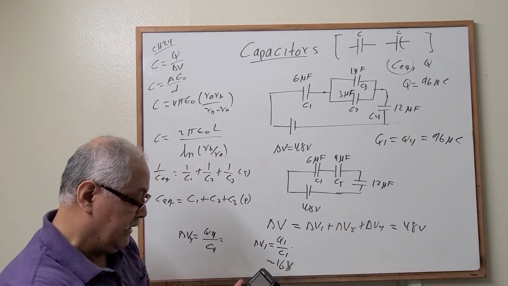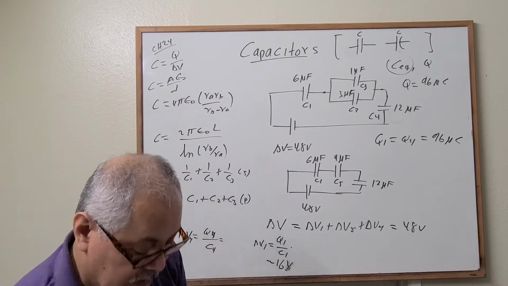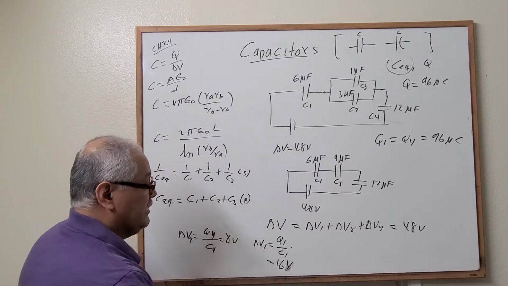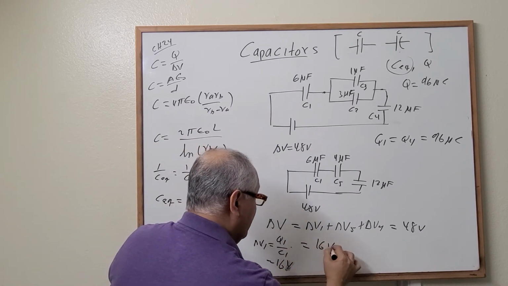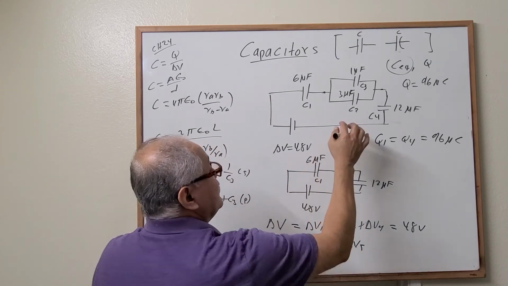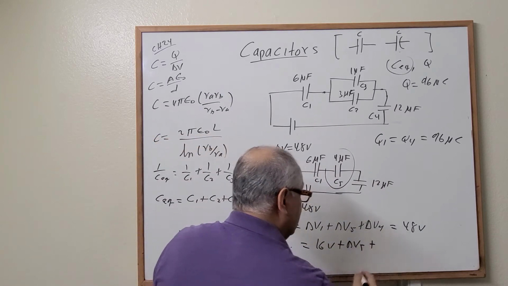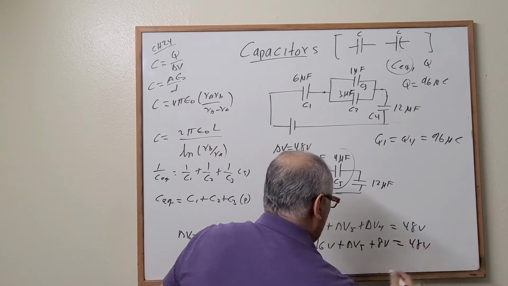So 96 divided by 12 is equal to 8. So we have 8 volts. In this case, 16 volts plus the voltage through capacitor 5, plus 8 volts, is equal to 48 volts.